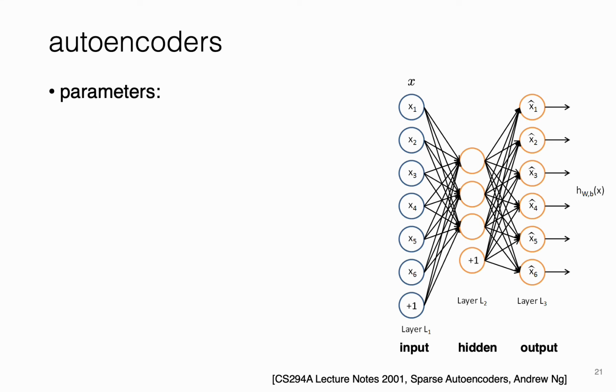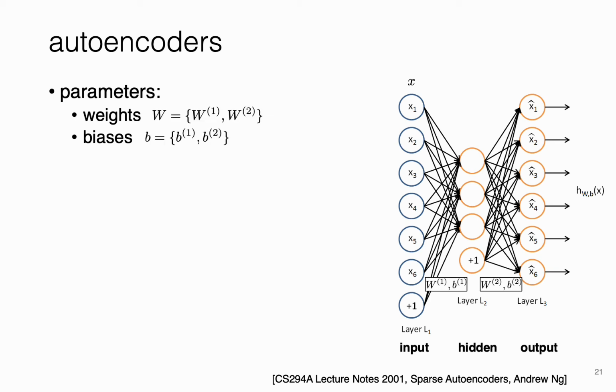Let's see in more detail how autoencoders work. We have the following parameters. The weights are organized into 2 matrices, W superscript 1 for the connections of the first layer, the input, to the second layer, the hidden layer.